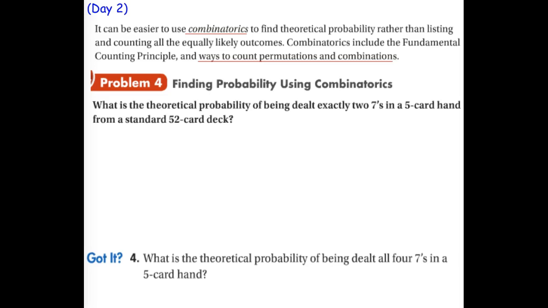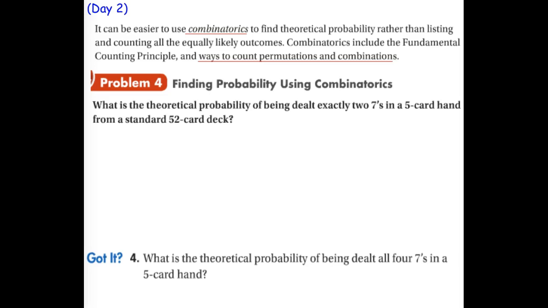Okay, but when we're starting to talk about hands being dealt out in a card game, we've got a lot more possible hands to be dealt, yes? So instead of trying to list all the different options and count them that way, we're going to use combinatorics. Combinatorics include the fundamental counting principle and ways to count permutations and combinations.